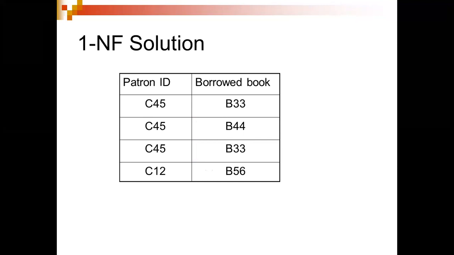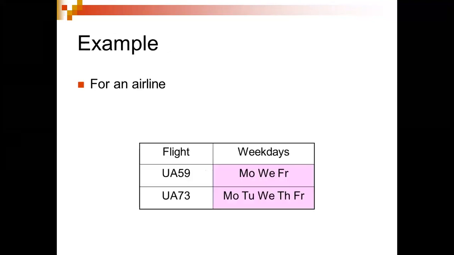This is the solution for the first one: whatever data you collect should be stored as a single value. Okay. Now I have another example: I have a flight, and you book the ticket.